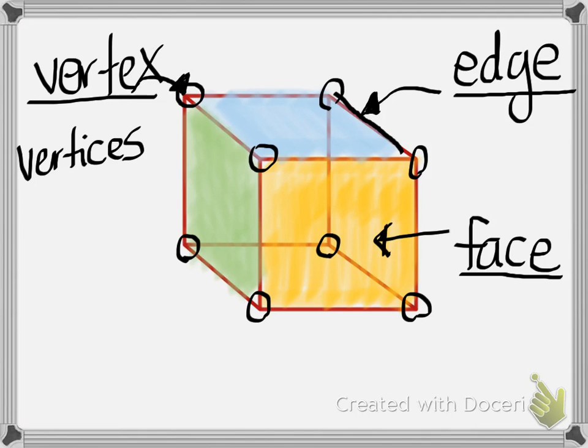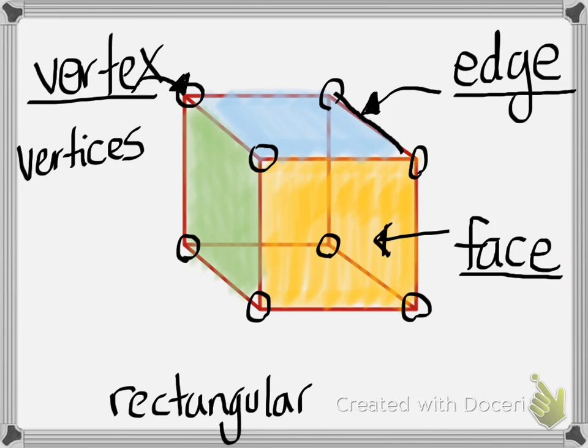So this would be a rectangular prism. It looks like a cube, but I didn't draw any indication that this is a perfect square. So rectangular prism. We'll learn more vocabulary later. Rectangular prism, I have 1, 2, 3, 4, 5, 6, 7, 8 vertices. Okay?